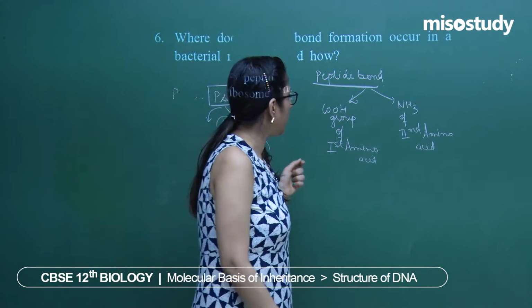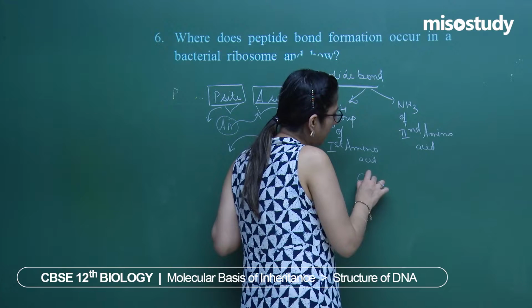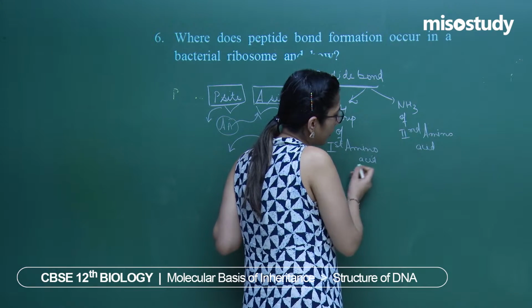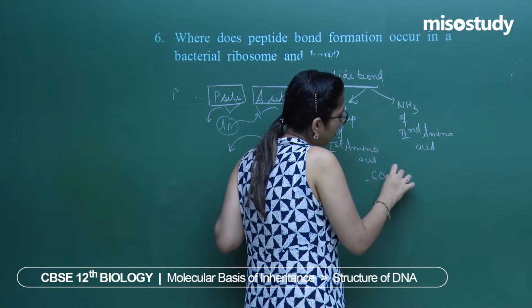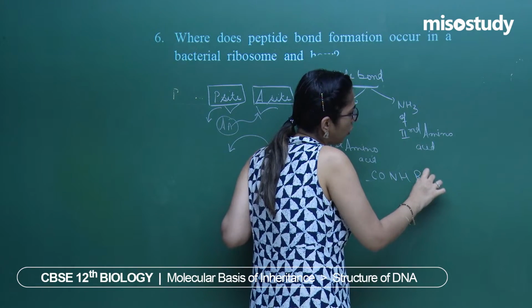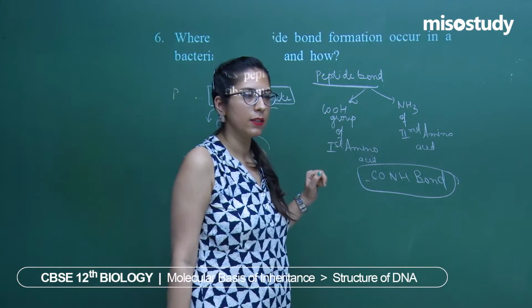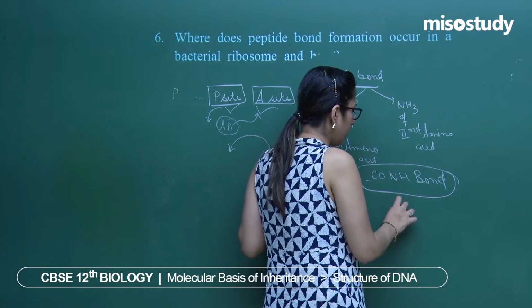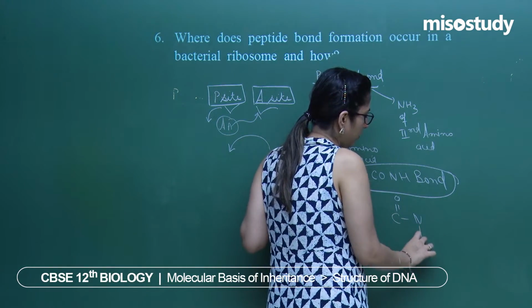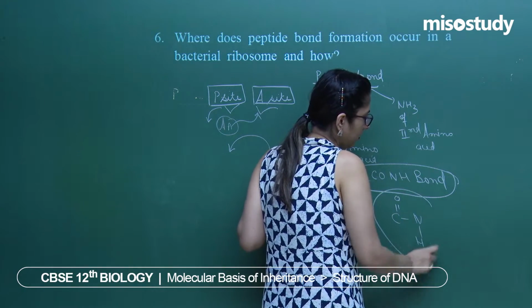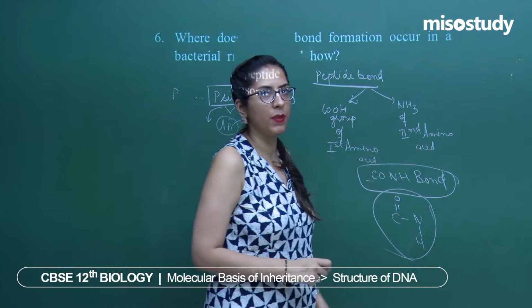Right, peptide bond. When we talk about the peptide bond, we can call it a CONH bond. When we write it in a normal way, we call it a CONH bond. Such a bond is formed. This is called a peptide bond.